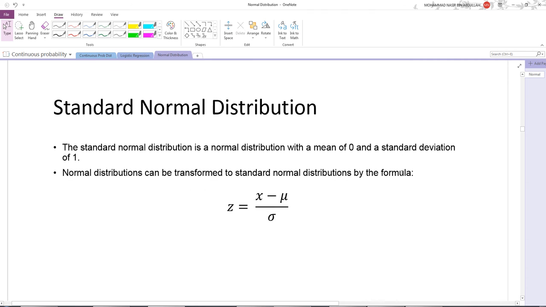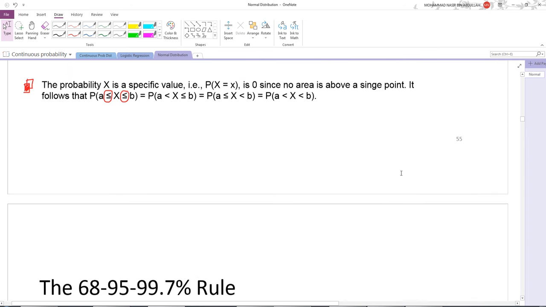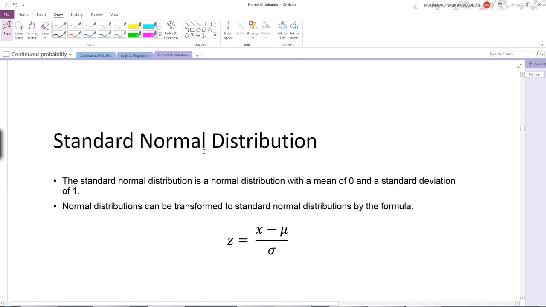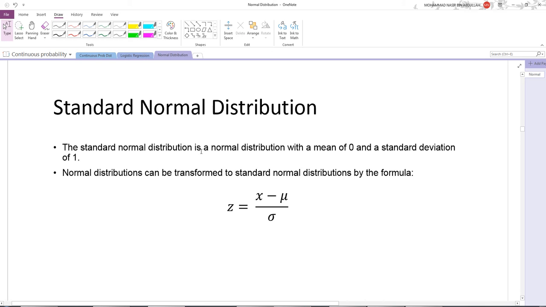So tadi kita tengok this one is probability density function for normal distribution. So there is another term for normal distribution, which is standard normal distribution. Instead of having mu as mu and sigma as sigma x, let's say mu x and sigma x, means that this is any number. Maksudnya any real number, right?